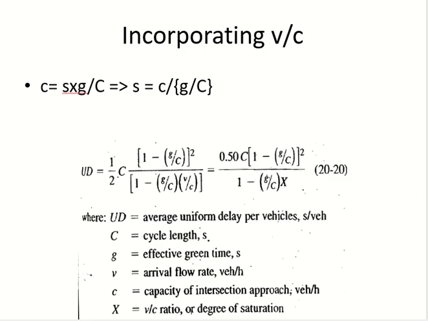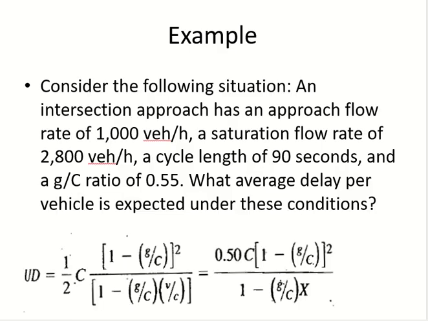Now I can calculate V by C. V is 1000 and capacity is 1540. Now how much is my X? 0.645. So now I have everything.